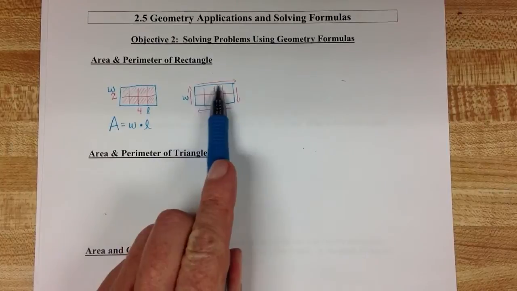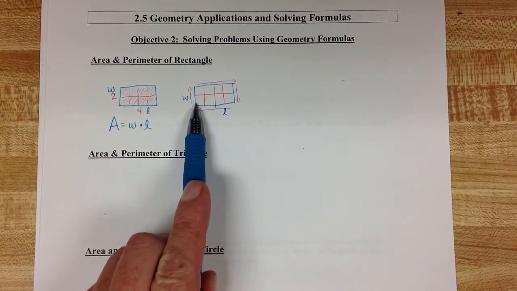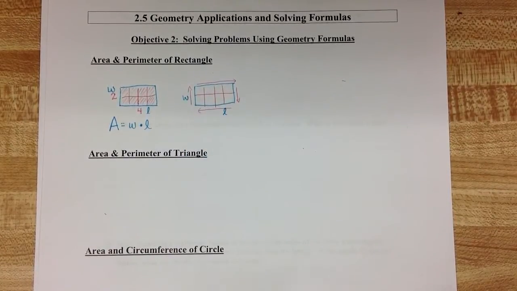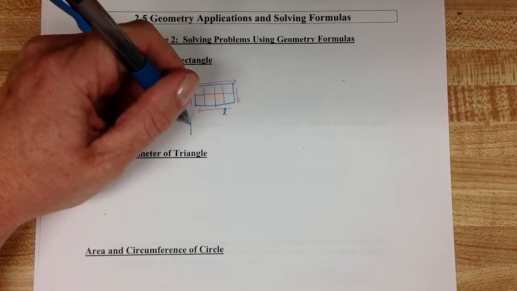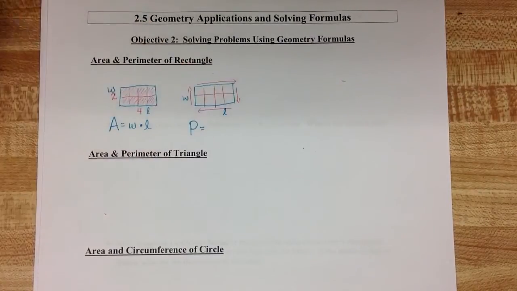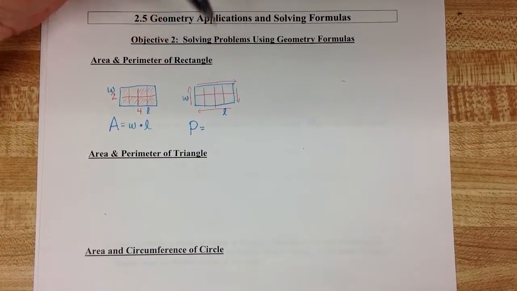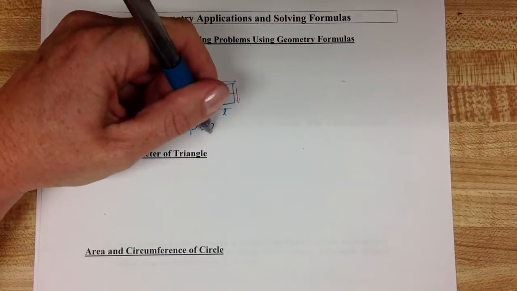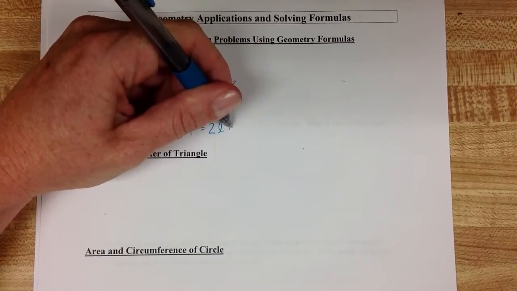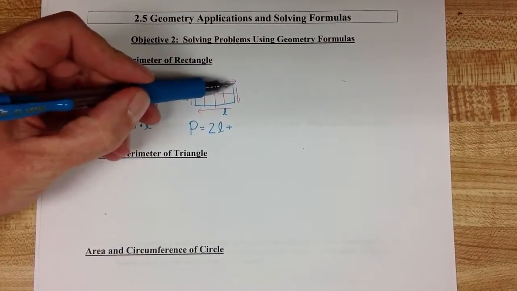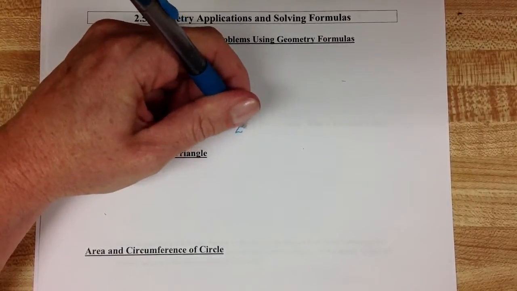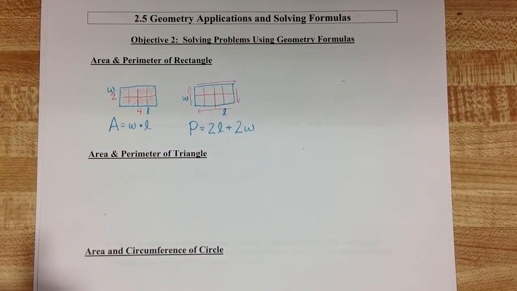Or in other words, 4 plus 2 plus 4 plus 2. The way we do the equation for that is that we say the perimeter is equal to 2 of the lengths plus 2 of the widths.